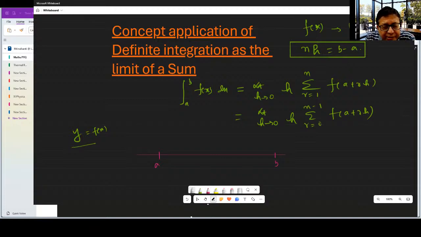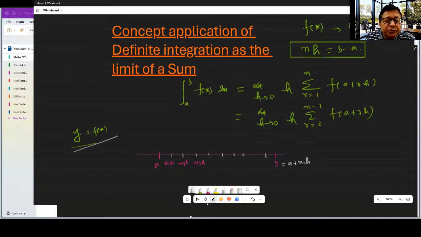We divide the interval into n equal subintervals of length h. So in terms of coordinate, this point we can write a plus h, a plus 2h, and n subintervals are there, so this will be equal to a plus nh.